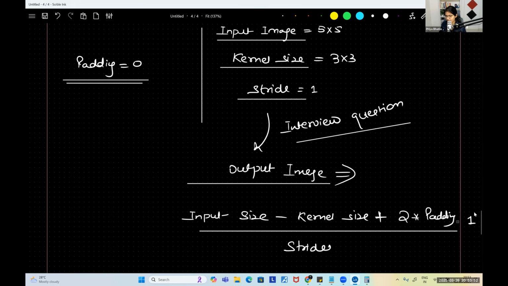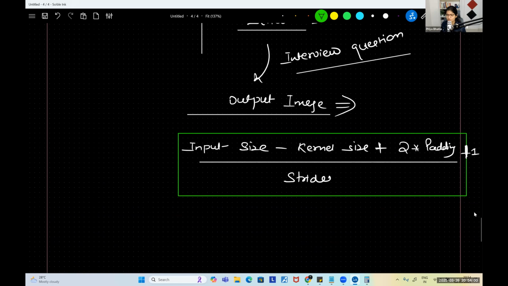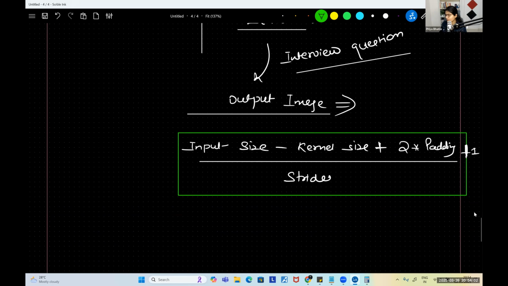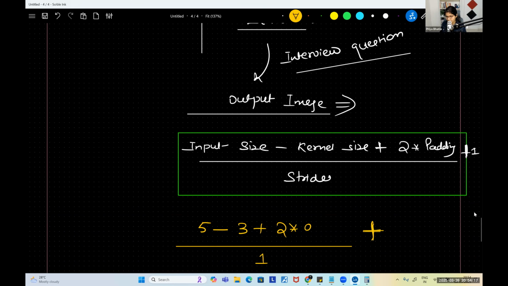Always remember this 1 is outside the division part. Whatever value you get from the division, you just add 1 on top of it. For example, input size 5, kernel size 3, padding we are not applying, so 2 into 0, stride value is 1, plus 1.